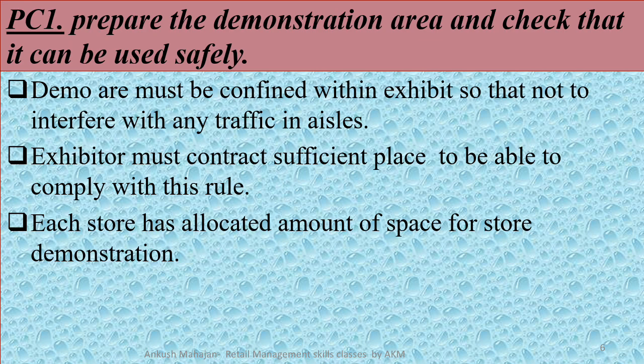The exhibitor must contract sufficient space to be able to comply with this rule so that there may be no traffic during product demonstration. Each store has an allocated amount of space for store demonstration, as I have discussed earlier.